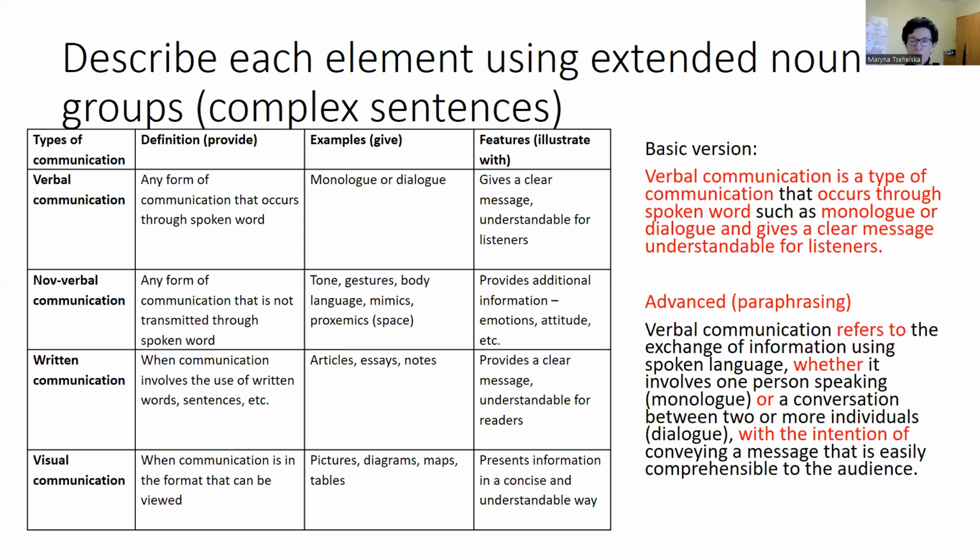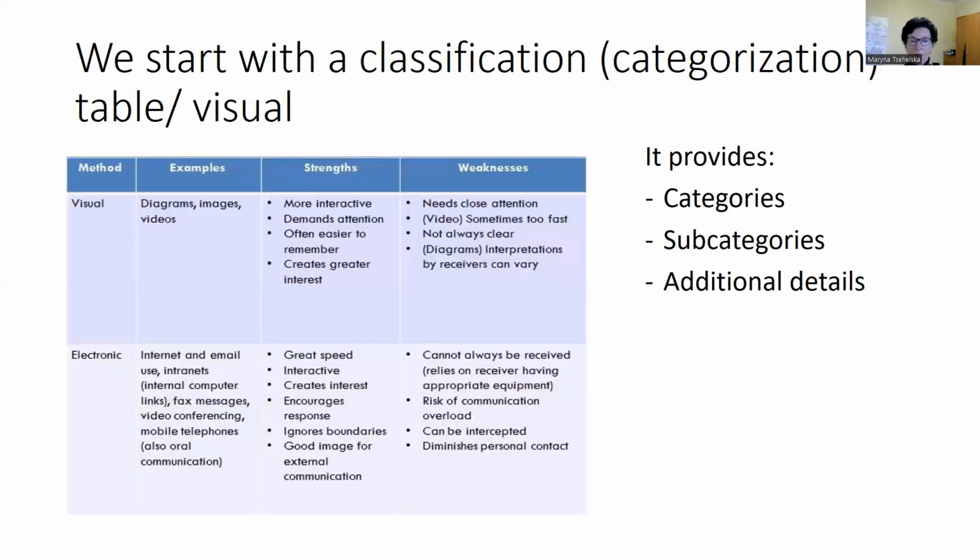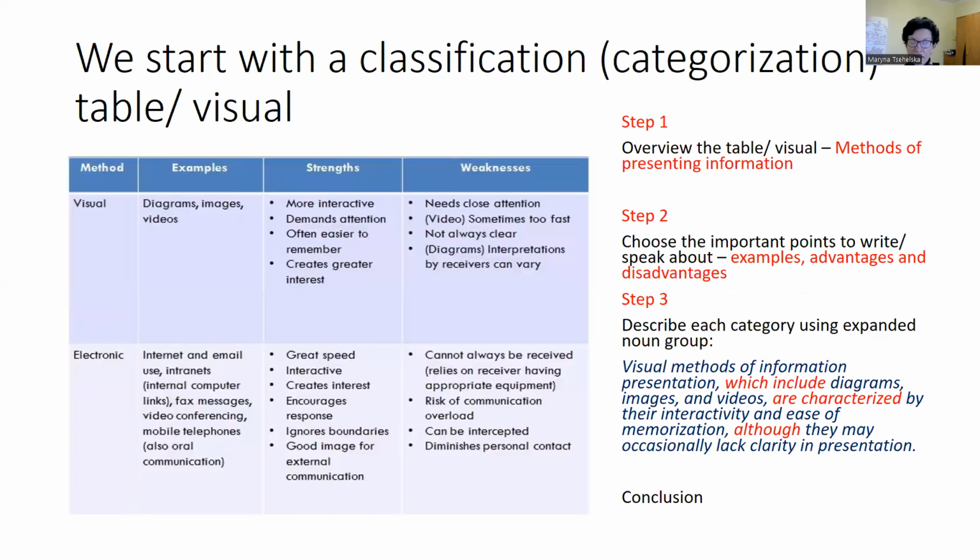We saw how we can make the sentences using the table on communication, but we can also use the sentences with any other table. And for this, we're taking the table with visual and electronic ways of presenting information, and we are describing one visual.